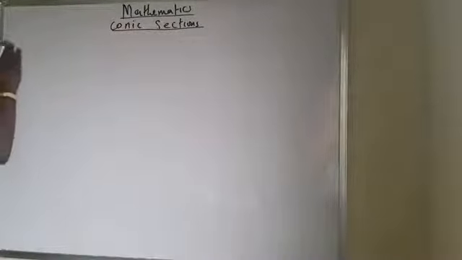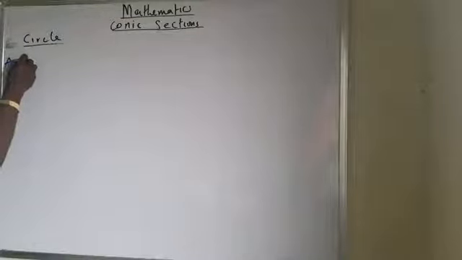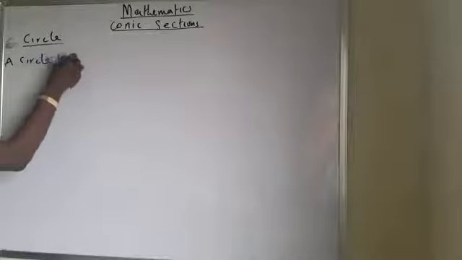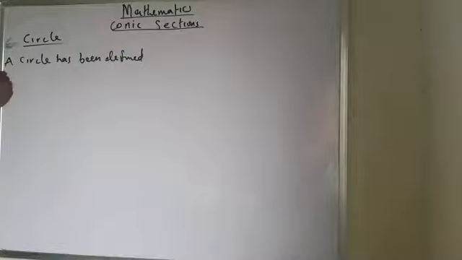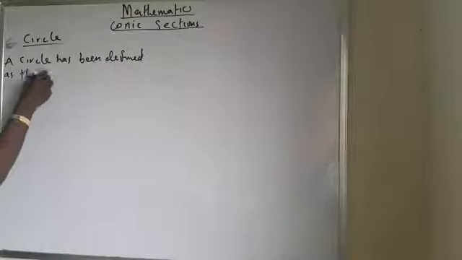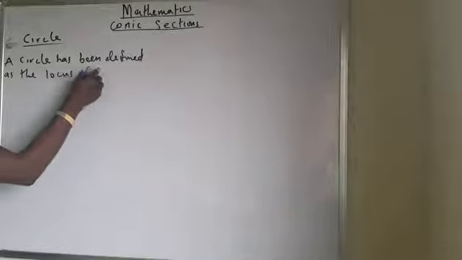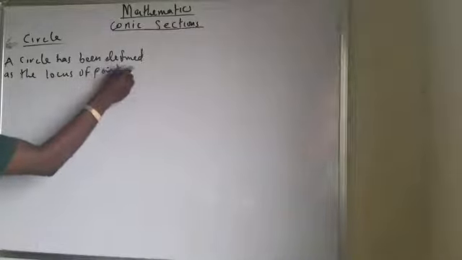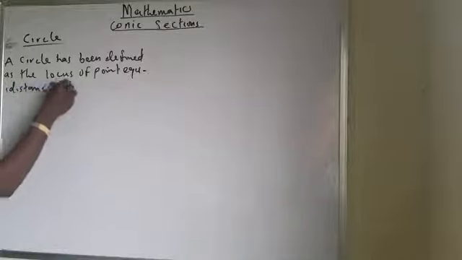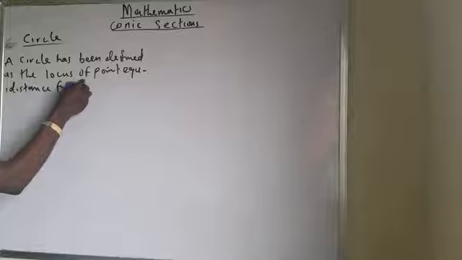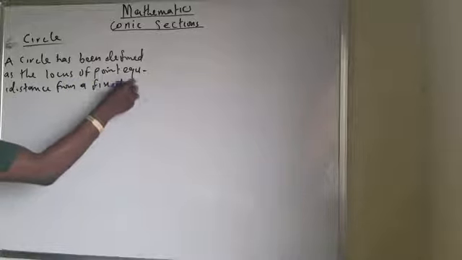Now let me say something about a circle. A circle has been defined as the locus of points equidistant from a fixed point.